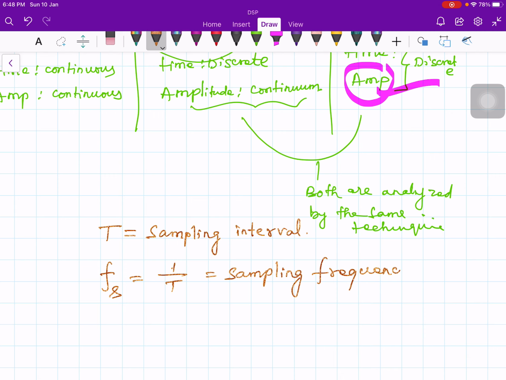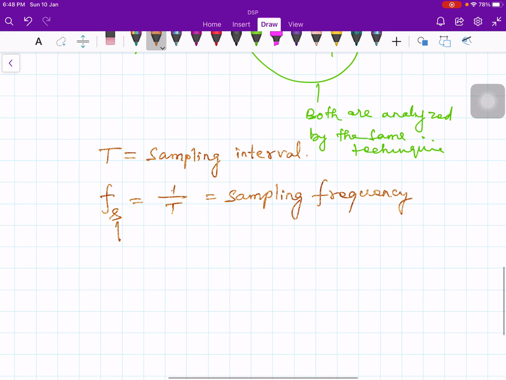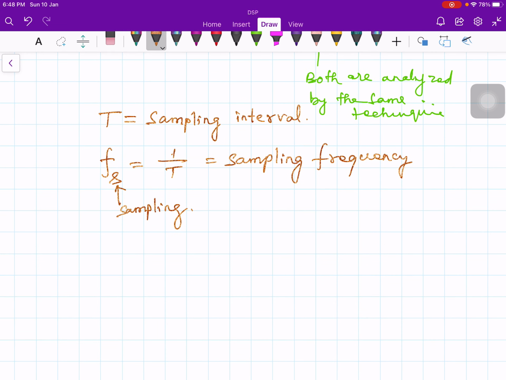How many samples per second you are taking, that is called the sampling frequency. Here the suffix S indicates sampling. So this is the symbol that we will use for the sampling frequency, and as we will see later, our signal processing must be limited to half of the sampling frequency. You can't go beyond that.